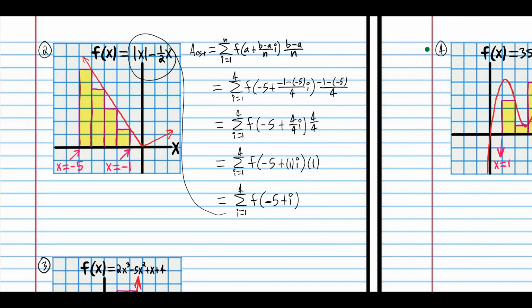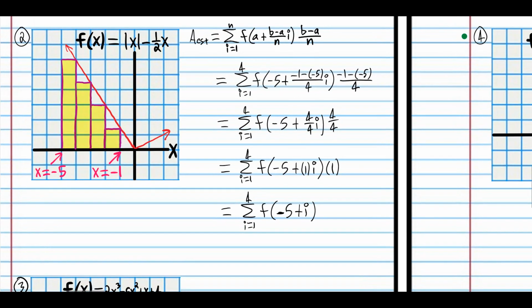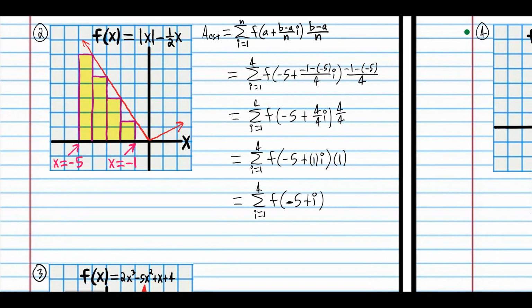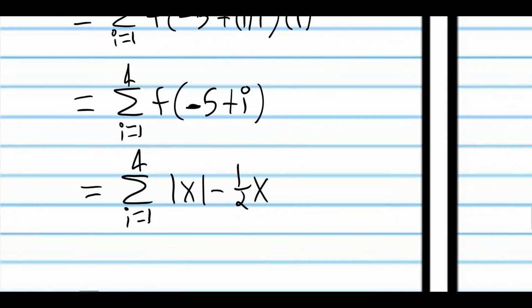Now we have to go up into our graph and look at our function there. So I'm going to rewrite this. That's the function, that's f. I'm going to rewrite that: absolute value of x minus 1/2 x. But I'm going to plug in this everywhere where you see an x.